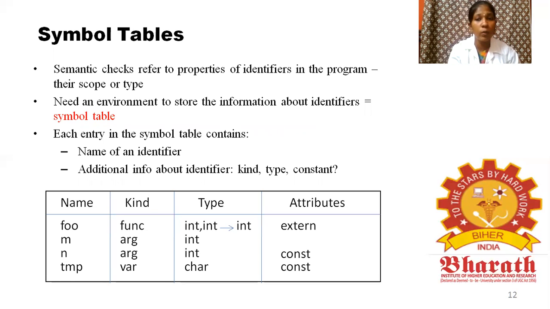Now we have a temporary variable: kind is variable, type is character, and attribute is constant. If it is an integer, it's a constant value. If you are going to get the value, it contains another attribute. So according to the type and kind of the identifier, we need to name it and save it in the symbol table.